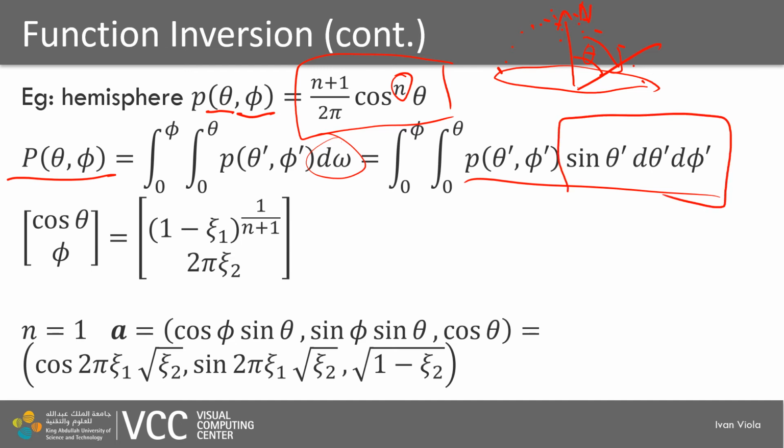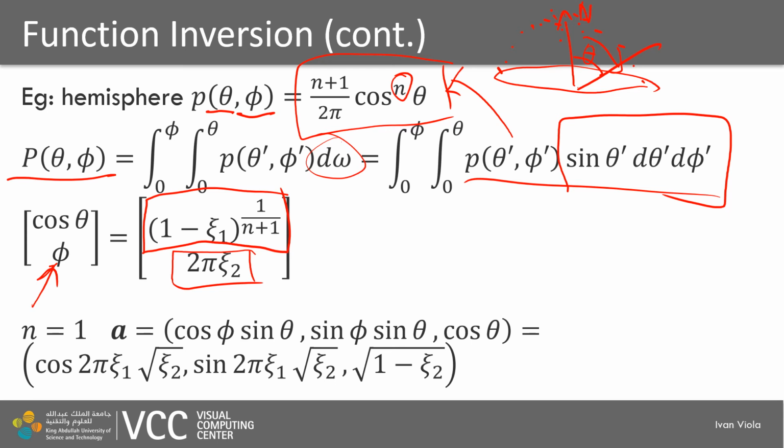And once we are calculating it for this probability density function, and we split the function into two, we will have for the cosine theta, this is how we will achieve the fair sampling of cosine theta, and for phi, this will be the formula for the fair sampling of phi.